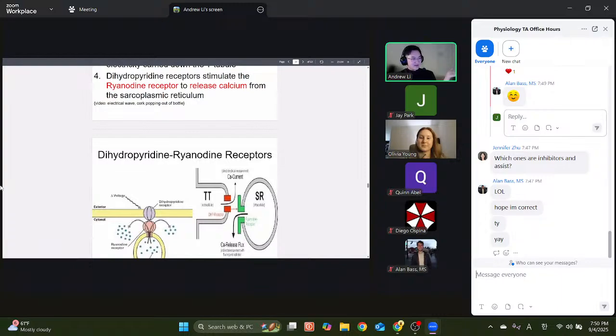Other ones, like curare, competitively bind to nicotinic receptors. This is also an inhibitor. You're competitively binding, blocking the receptors from acetylcholine. Similar function, just at a different point in the pathway. Neostigmine inhibits AChE. Acetylcholinesterase breaks down acetylcholine, and then the choline is taken back up into the neuron to be recycled.